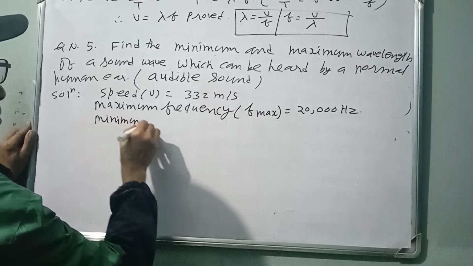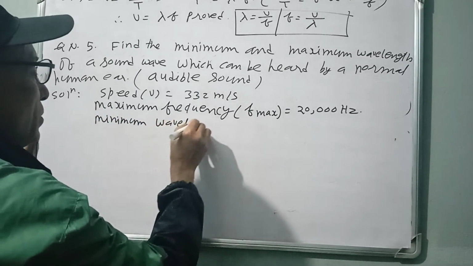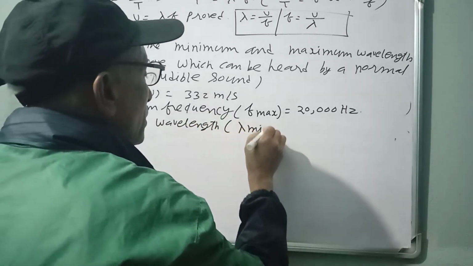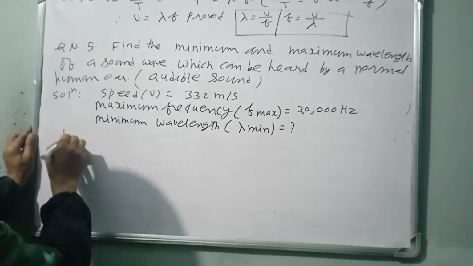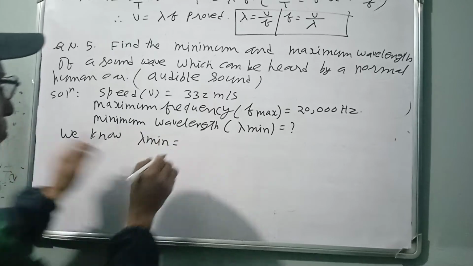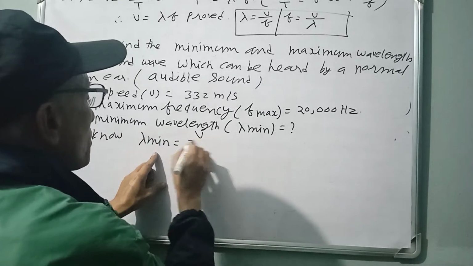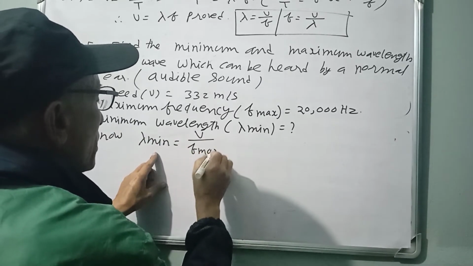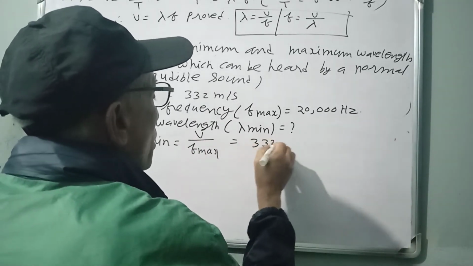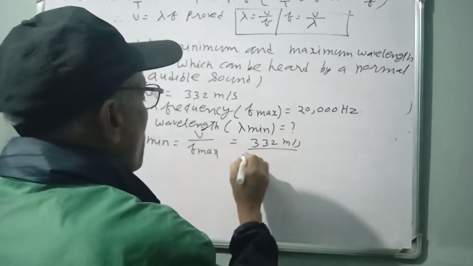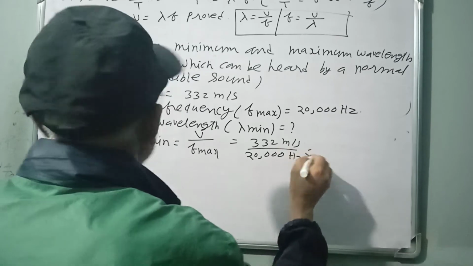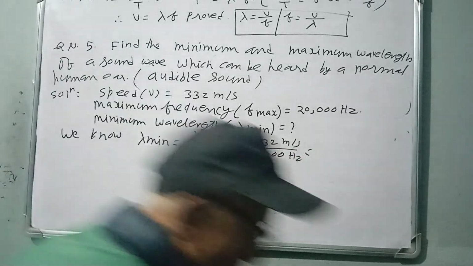Minimum wavelength, lambda min, equals V by F max, because they are inversely proportional. V is 332 meter per second, maximum frequency is 20,000 hertz. So what is the minimum wavelength?